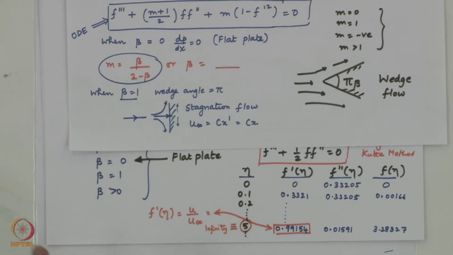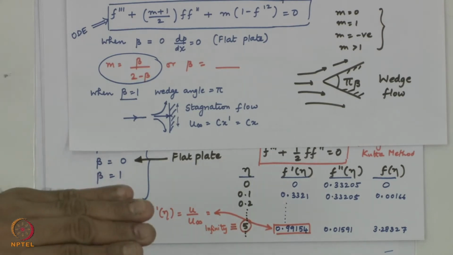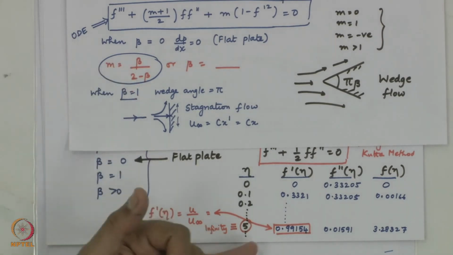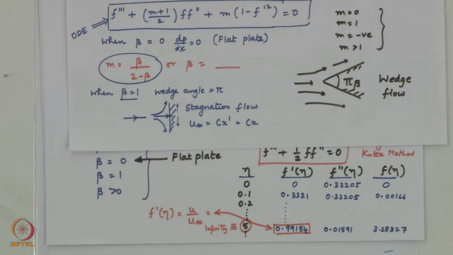It is not infinity, it is equivalent, it plays the same role as infinity. That means, if I go beyond 5, 5.1, I might get 0.9935 whatever, 5.2 I might get 0.9942 something.